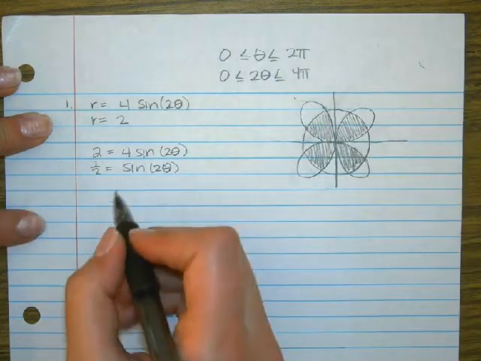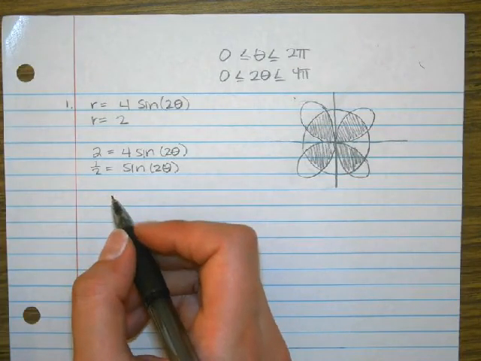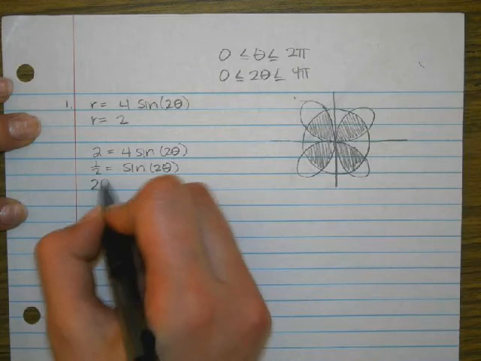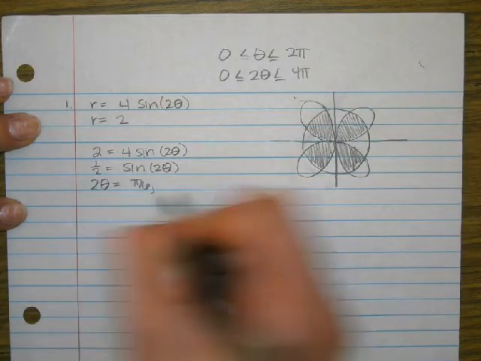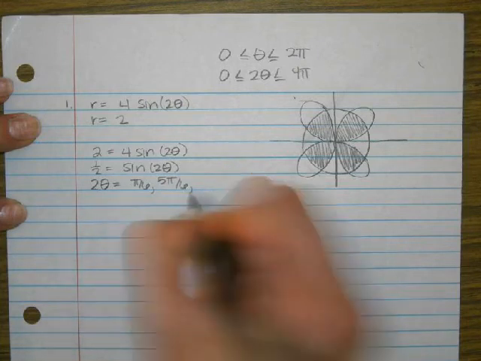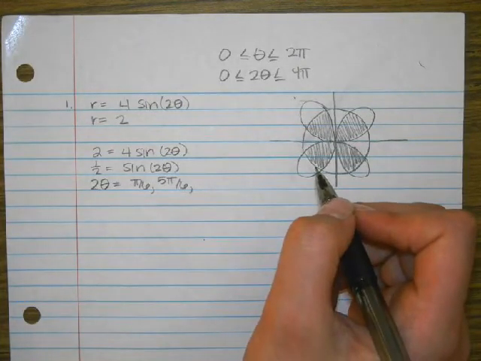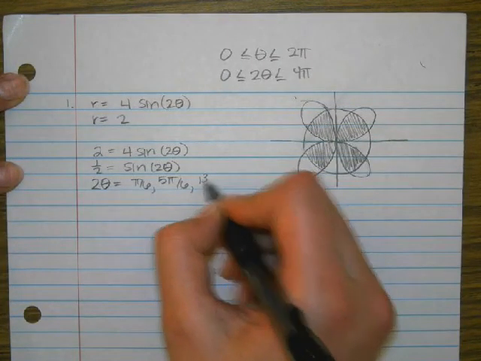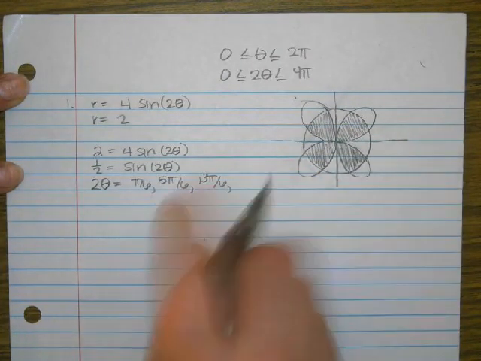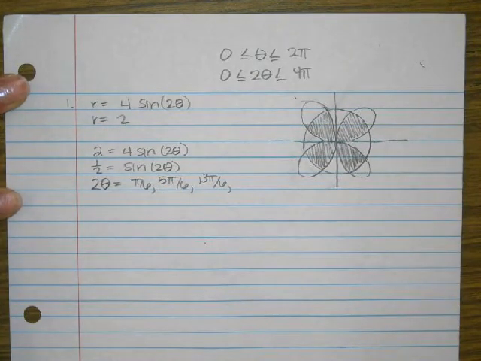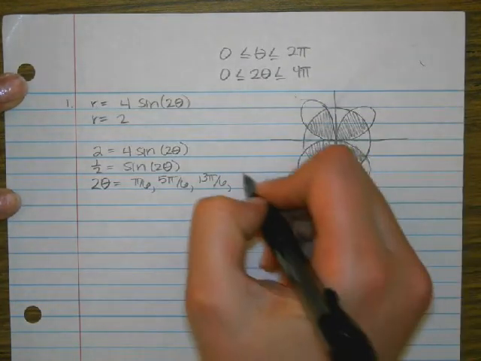So where on the unit circle is the y coordinate 1/2? 5 pi/6, and if we go around the circle again, plus 2 pi, 13 pi/6, and then this one plus 2 pi, 17 pi/6.